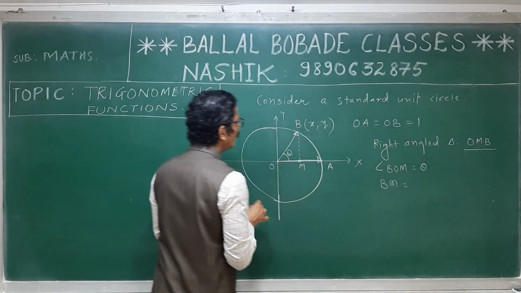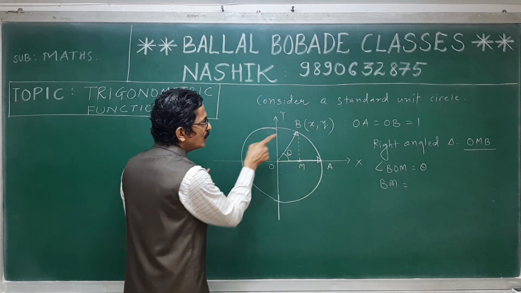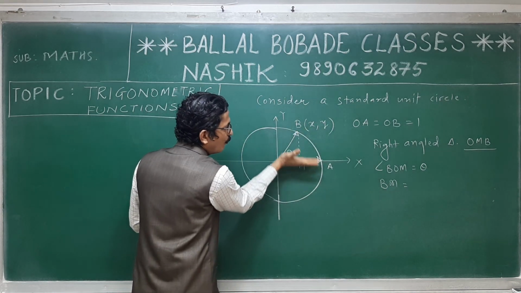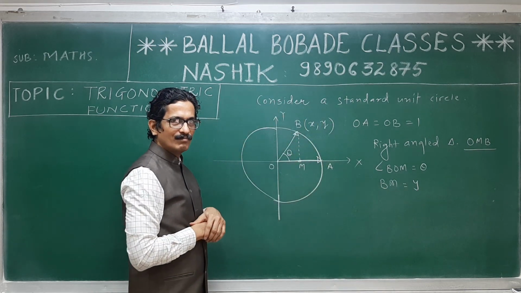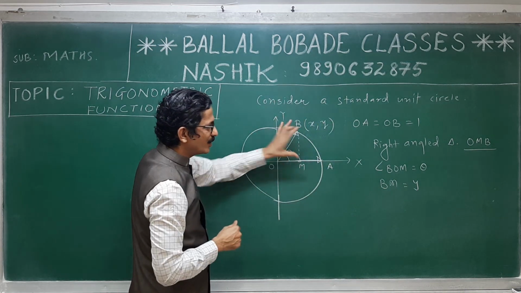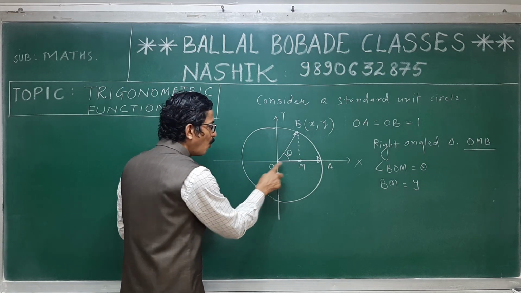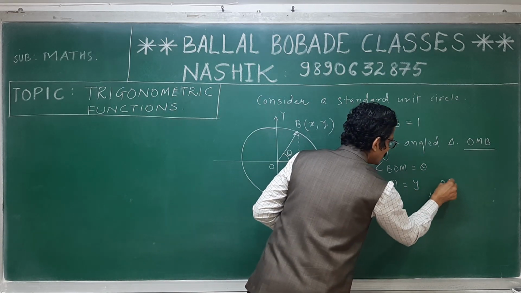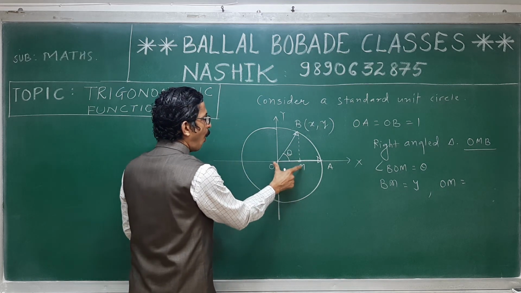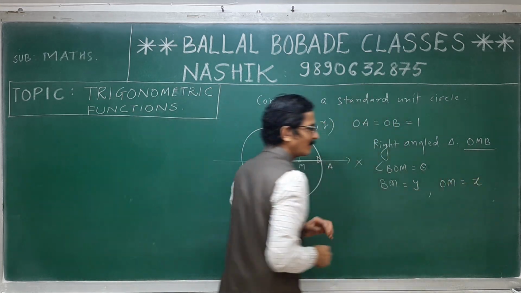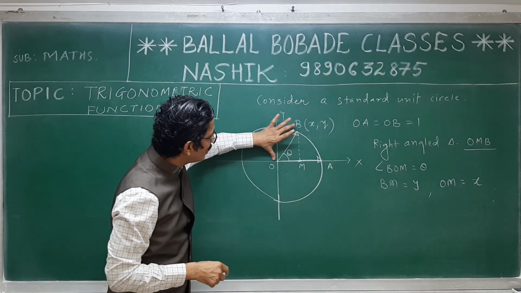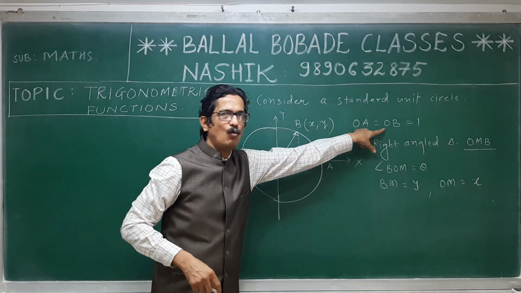Don't you see that BM is the distance of point B from x-axis? So it is always called as y, because modulus of y coordinate is the distance from x-axis. OM is the distance of B from y-axis, which is called as x. Understood? And is already written OB equal to 1.